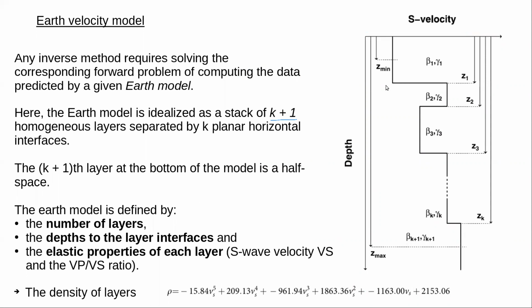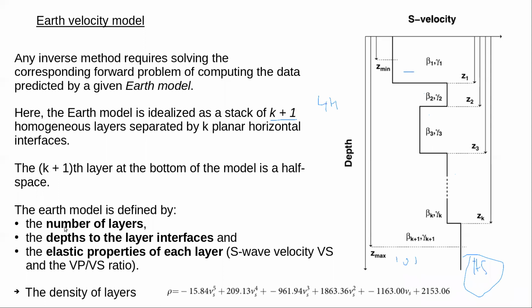If we are going to 100 kilometers, in this case we use 1, 2, 3, 4, so it will be 4 plus 1 layers, where the fifth layer is the half space, because we cannot go further. Within each layer, we define the velocity.